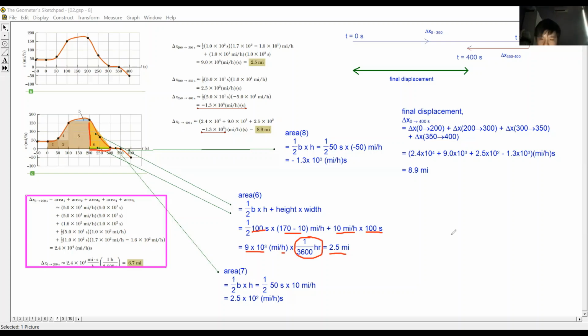So if you leave it as mile per hour second, the hour and the second are not consistent with one another, so you cannot convert them into the length. So when you convert the second to hour, the hour and hour can cancel away. You are left with mile. Is this okay?